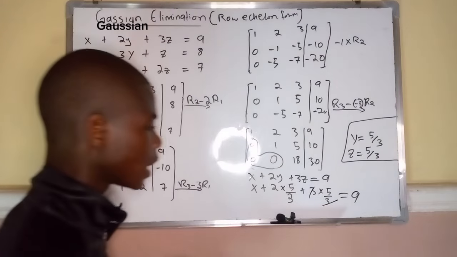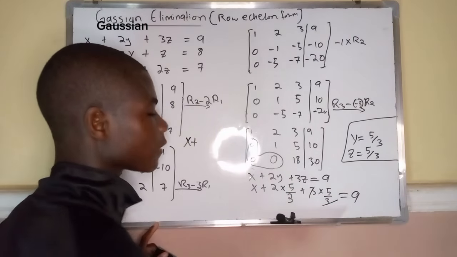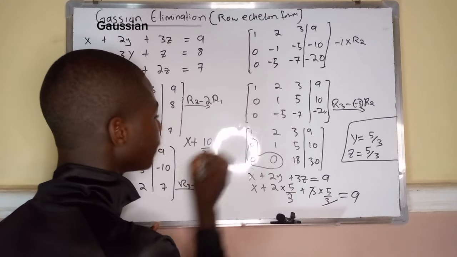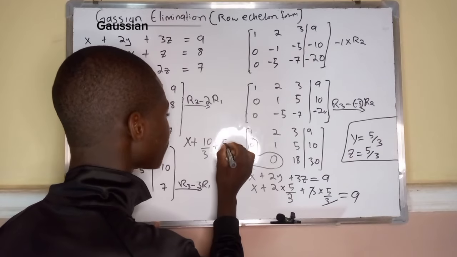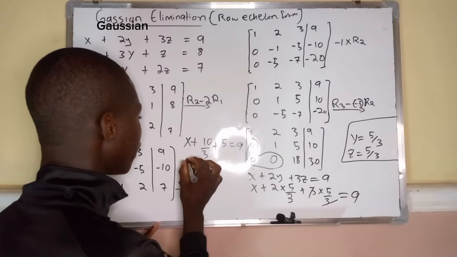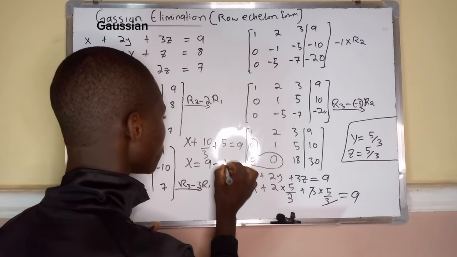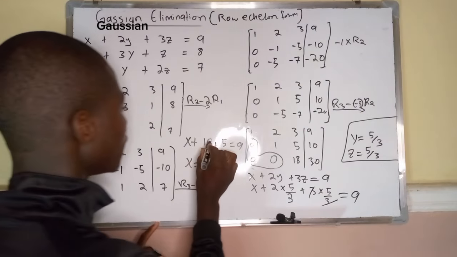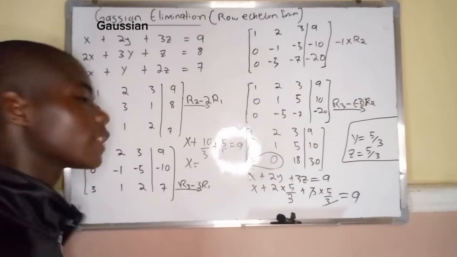3 will cancel 3. Therefore x plus 2 multiplied by 5, which is 10 over 3, plus 5, is equal to 9. And therefore x is equal to 9 minus... I have to first find the LCM between these, because I'm having multiplication.